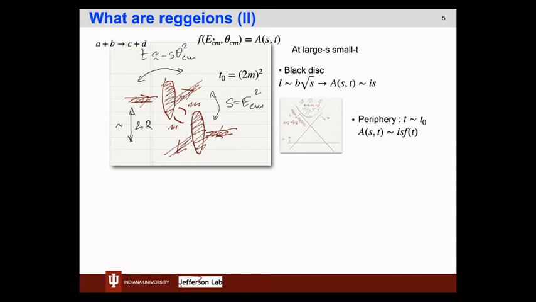If you convert that into the simple assumption that all the lower partial waves are completely absorbed, which corresponds physically to inelastic scattering, that gives an amplitude which, written in terms of Mandelstam variables, grows with energy as one power of S, and is imaginary because all the absorption corresponds to imaginary partial waves.